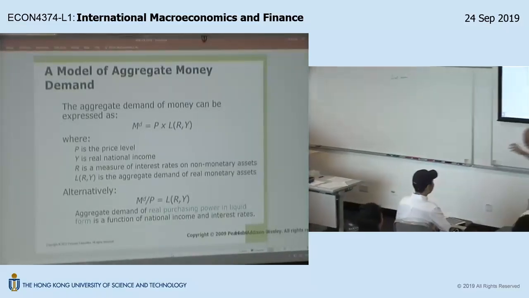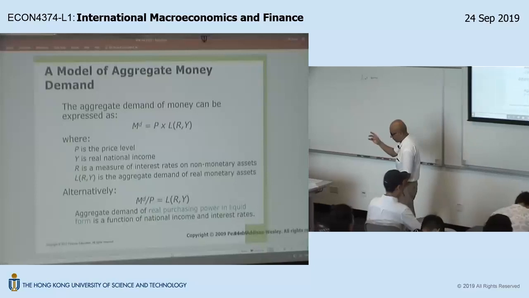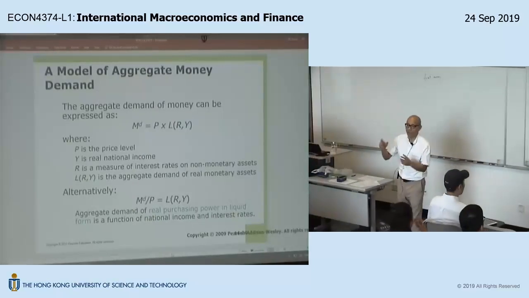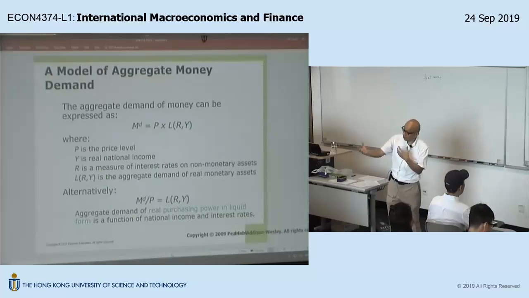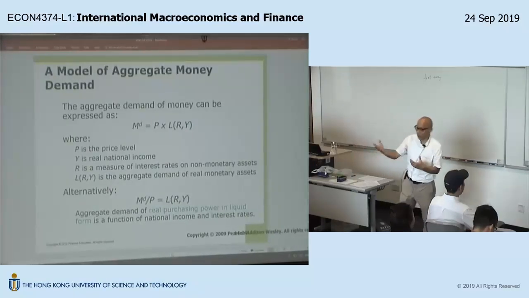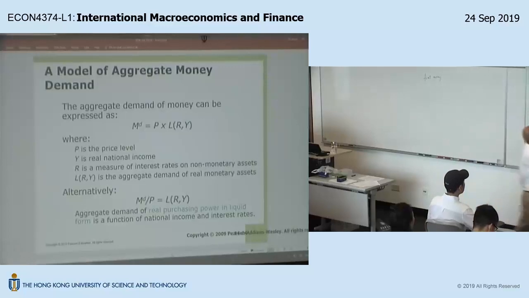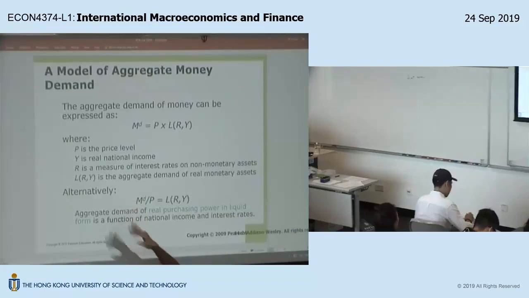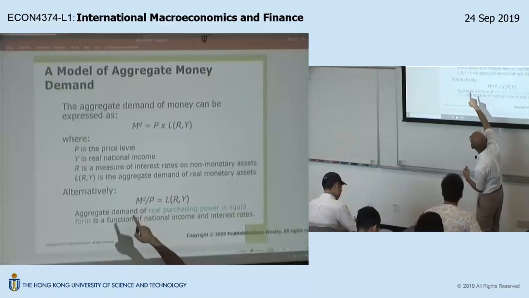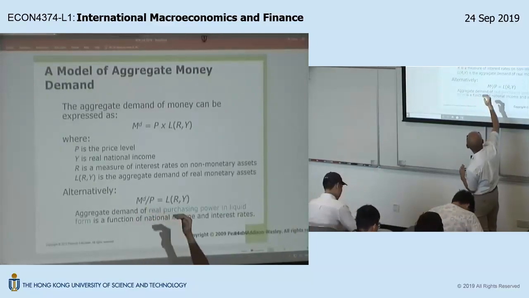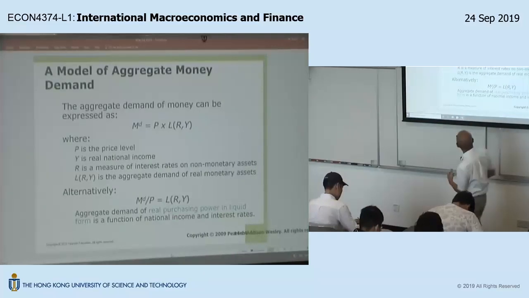Just now we said there are three things that affect the money demand, right? One is the general price level, one is the income, one is the opportunity cost of holding money, which is the nominal interest rate. So they're all there. So you have the price level, P. Higher price means that you need more money for transactions. Higher real national income means that you also have more transactions.